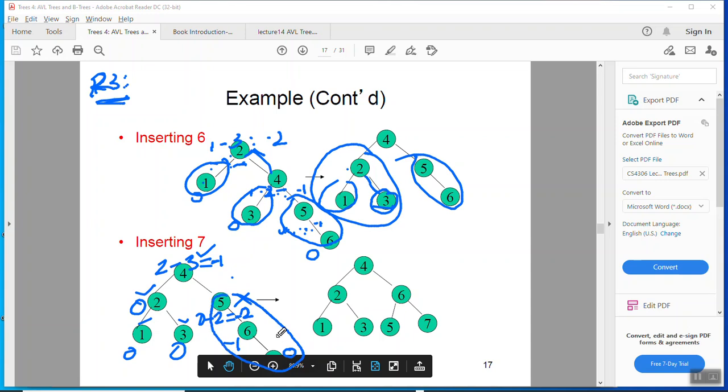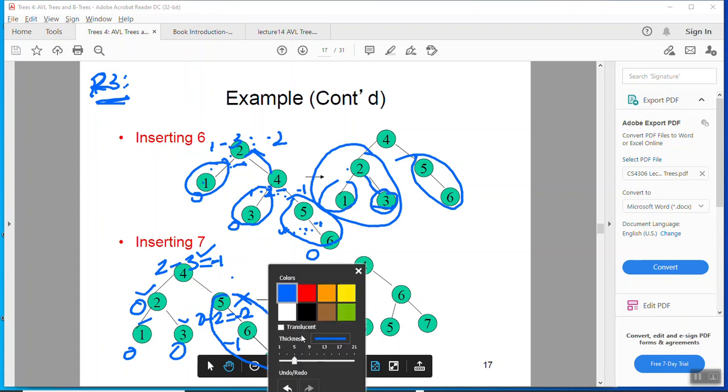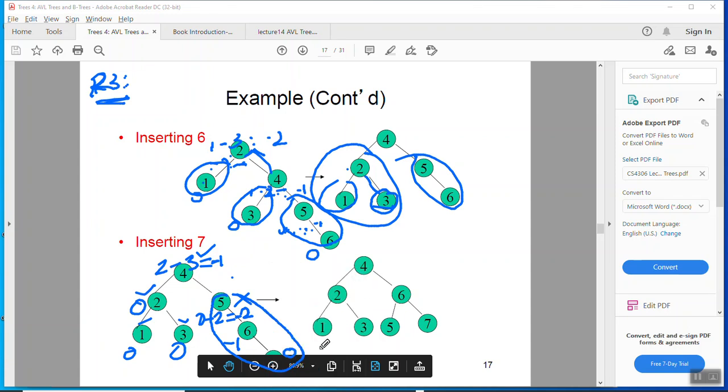5, 6 and 7, these 3 nodes, and we see that this is right, right, so as we learned previously, if there is a right and right, what do we need to do? We need to do a left rotation, right? So in our previous formula we wrote that for right we need to do a left rotation.